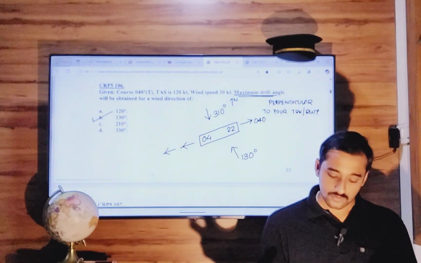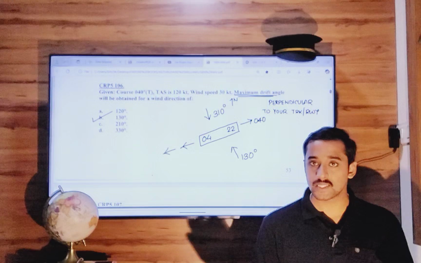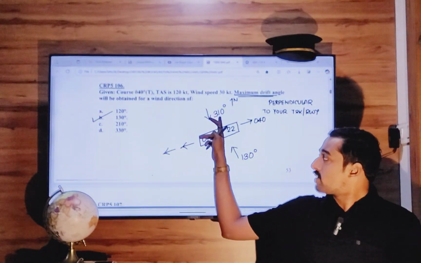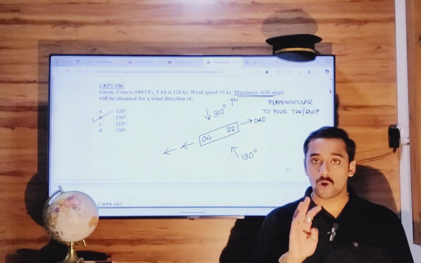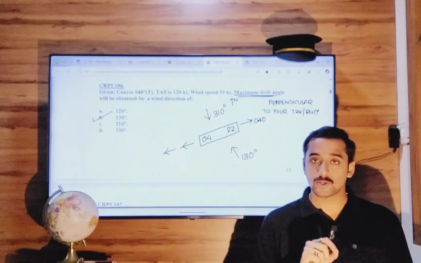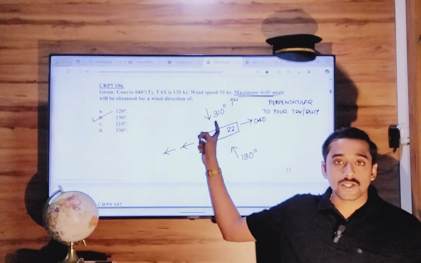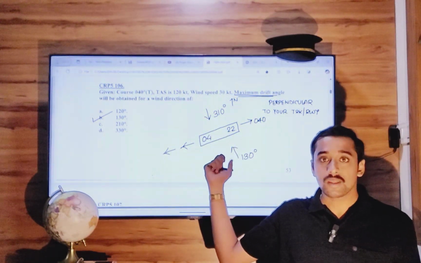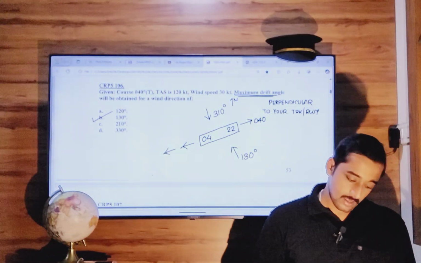So again similar. Even for 040 or 220 it will be the same, crosswind 310 or 130. If none of the four options contains either 310 or 130, select the option which is closest to either of these two numbers.